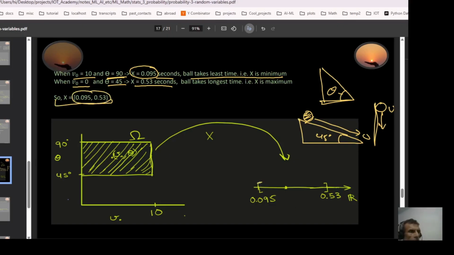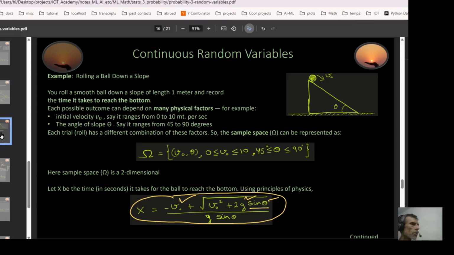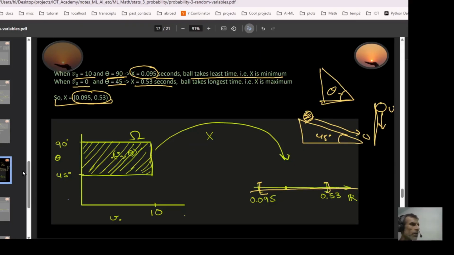So this right here, I'm representing my x. This is where my x can take values. Now, my sample space, on the other hand, depends on these ones right here, v0 and theta. My v0 can go from 0 to 10, and theta can go from 45 to 90 degrees. So I put these conditions on this plot right here. This is my v0 and this is my theta.